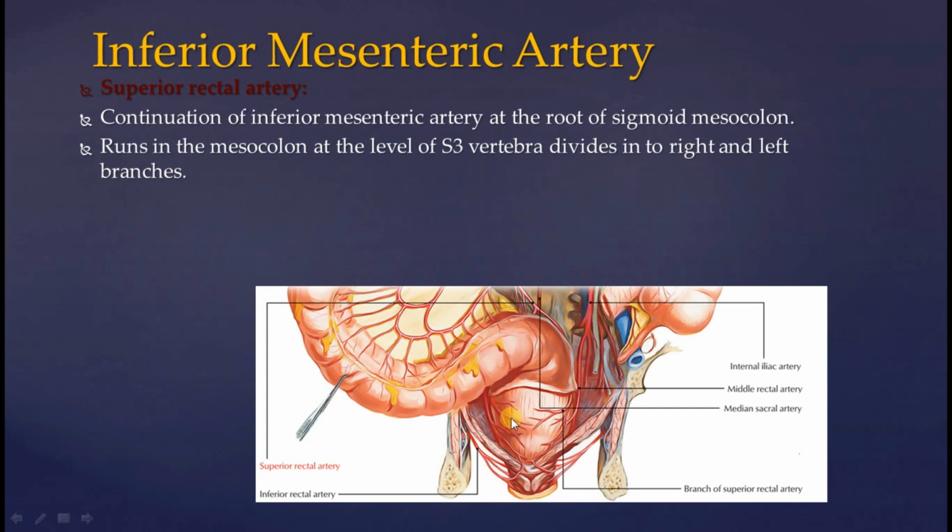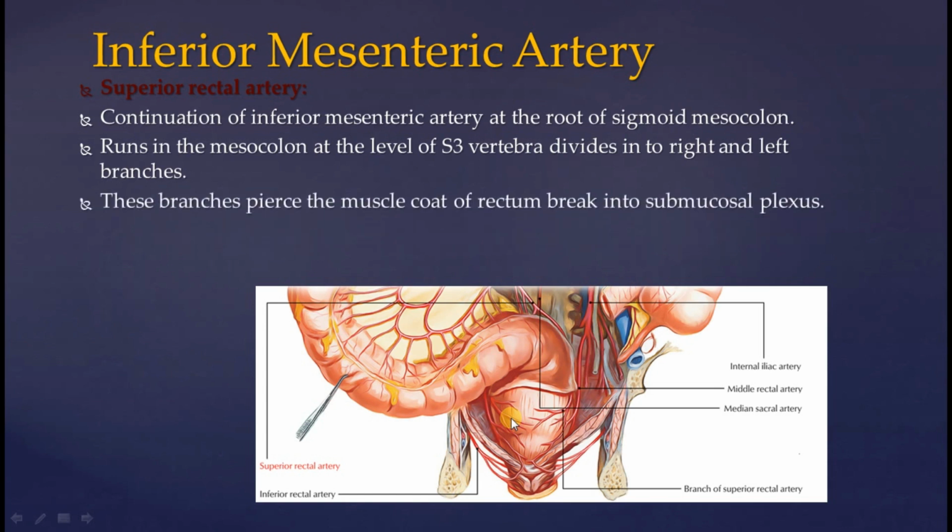Then they break into a plexus in the submucosa. They pierce the muscle of the rectum, break into the submucosal plexus, as I told you, and anastomose with the middle rectal artery. Then from there, vessels pass along the anal columns to anastomose with the inferior rectal artery.